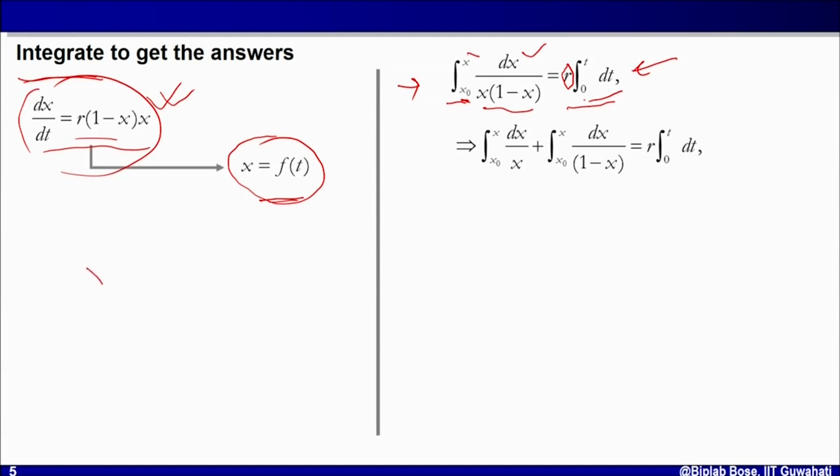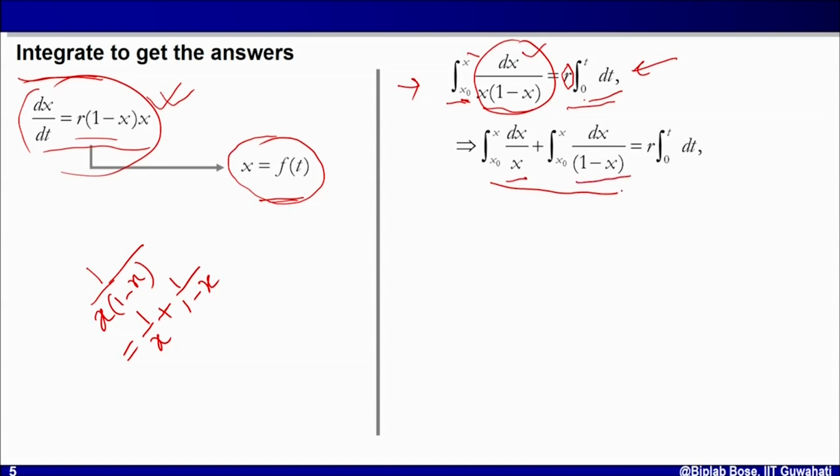Remember, 1 by x(1 minus x) is nothing but 1 by x plus 1 by (1 minus x). So I have separated this into two terms, dx by x plus dx by (1 minus x). Both these terms have to be integrated from x naught to x, and on the right hand side, you have r into the integration of dt from 0 to t.